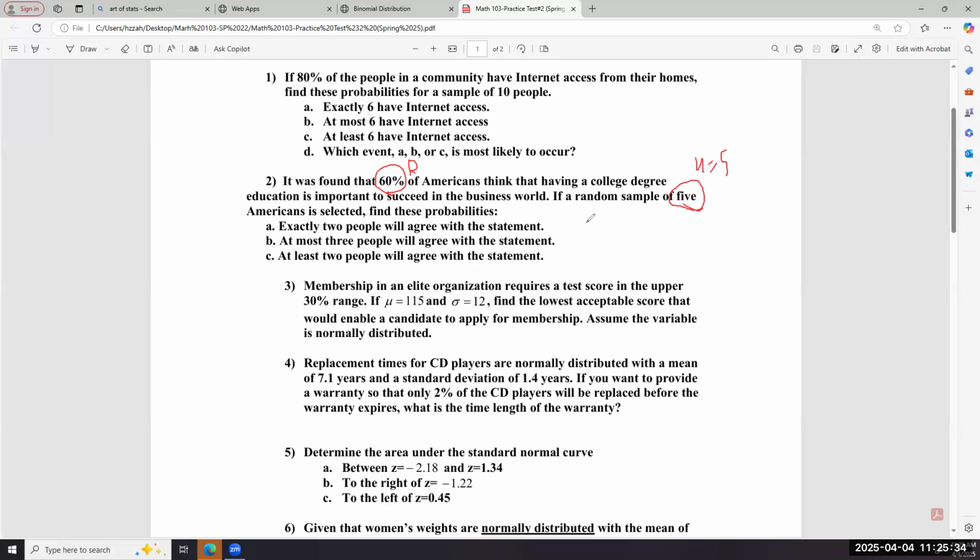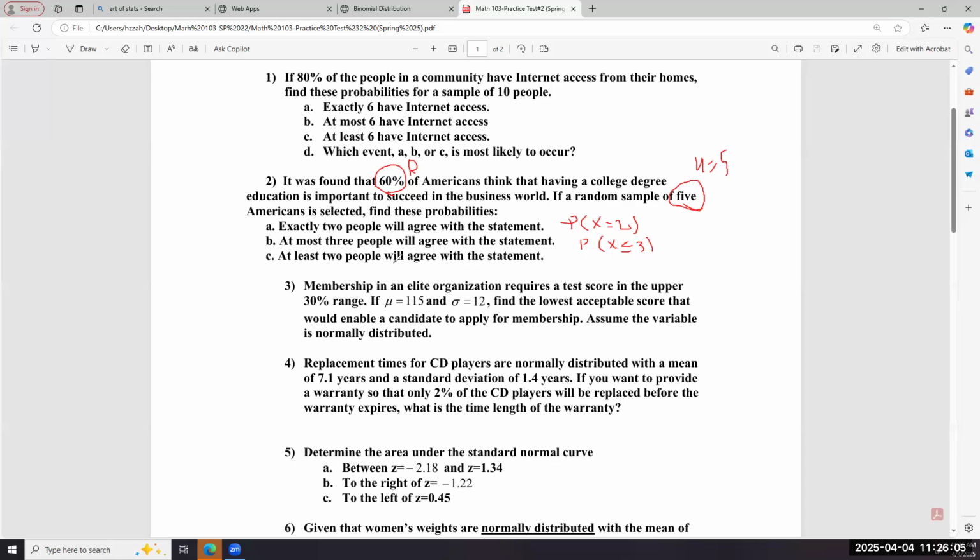Exactly 2 people agree, so this would be the probability of X equal to 2. That's the first one. The second one, at most 3 people. At most is the end. Probability that X is less than or equal to 3. That would be the second case.